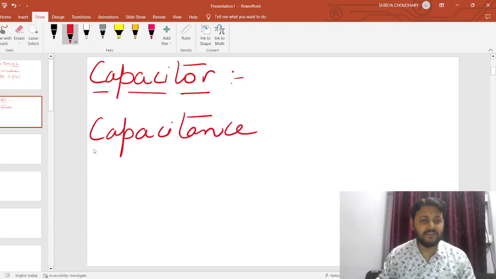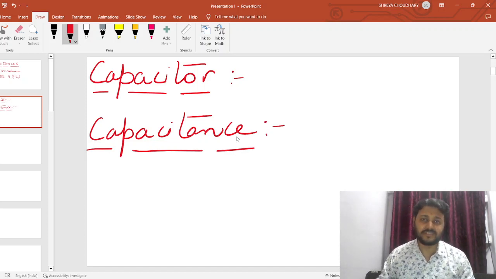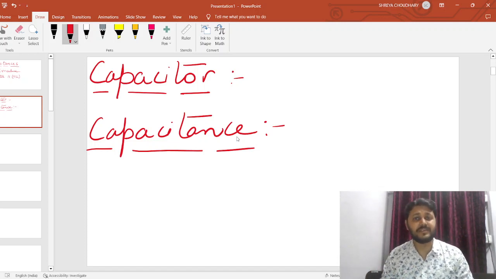Like we have resistor and resistance, in the similar way we are having capacitor and capacitance. The resistor was a device, resistance is its property. In the similar way, capacitor is a device and capacitance is the property.